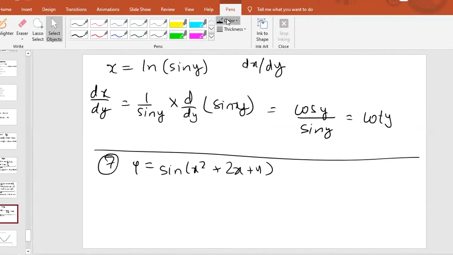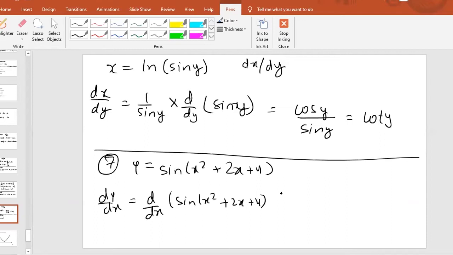Again, it is a function of x because inside the sine we have x square plus 2x plus 4. So what we have to do? First, we differentiate this, dy by dx. That would be d by dx of sine of x square plus 2x plus 4. Now first differentiate this outer function. Differentiation of sine is cos. So it is cos, and whatever there is inside the function, just write it down: x square plus 2x plus 4.